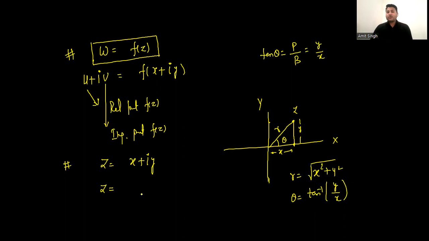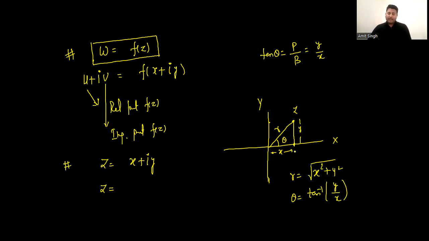Now I am going to convert this representation x plus iy into the polar coordinate system. What is a polar coordinate system? A coordinate system which is in terms of r and theta. Theta is the angle from the positive x-axis in the anti-clockwise direction, and this magnitude is r.